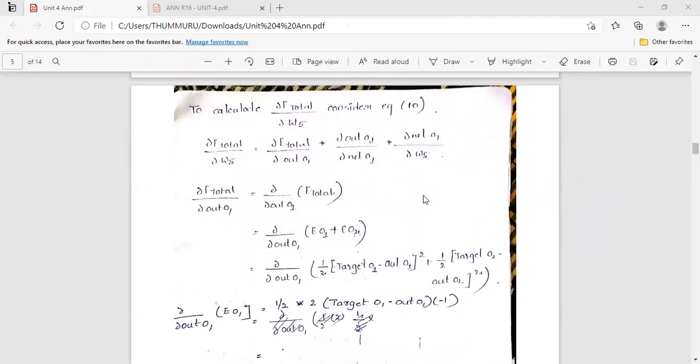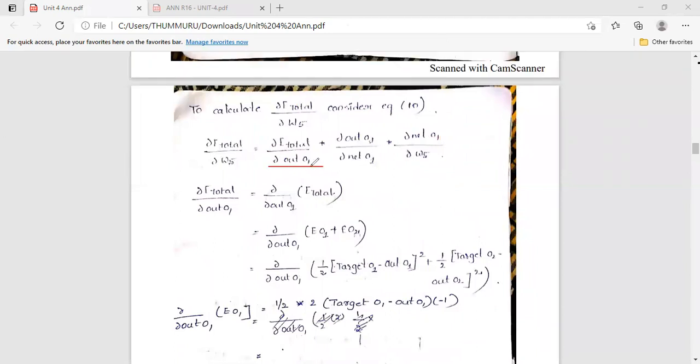Right. Now I'll show you at least one among these three. So first of all, take this one. How do we calculate this one? So dou E total by dou out O1. Dou E total is represented with E O1 plus E O2, by dou out O1.